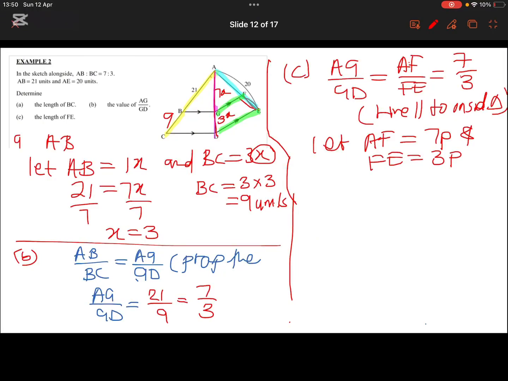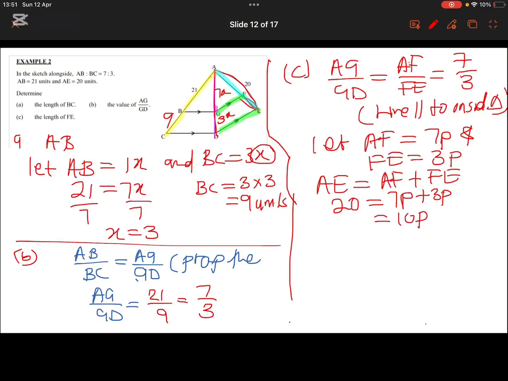Okay, so now by doing that, if we take the two and add them, we get the actual distance AE. We say AE will be equal to AF plus FE. AE is 20, that will be equal to 7P plus 3P, so 10P equals 20.